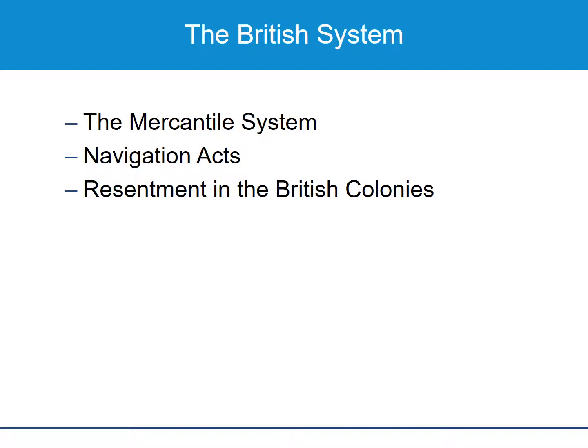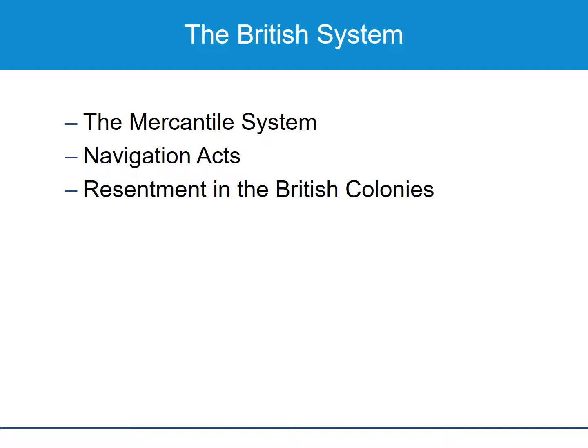And so, in order to amass wealth, countries strived to become self-sufficient. And one of the ways that they became self-sufficient was to use colonies to produce things for themselves that the mother country could not produce for itself.